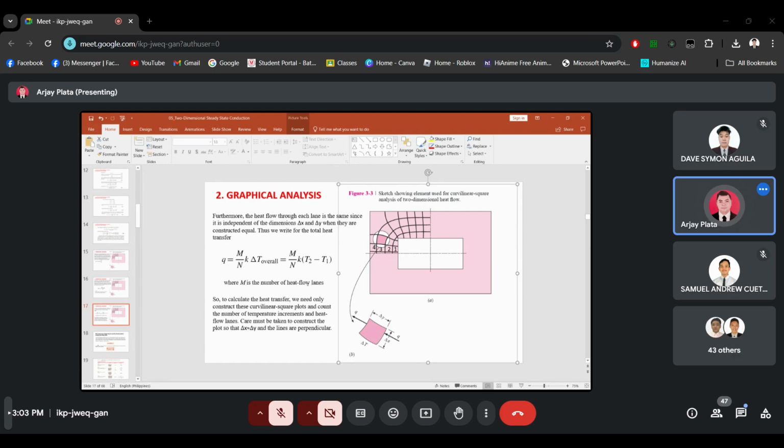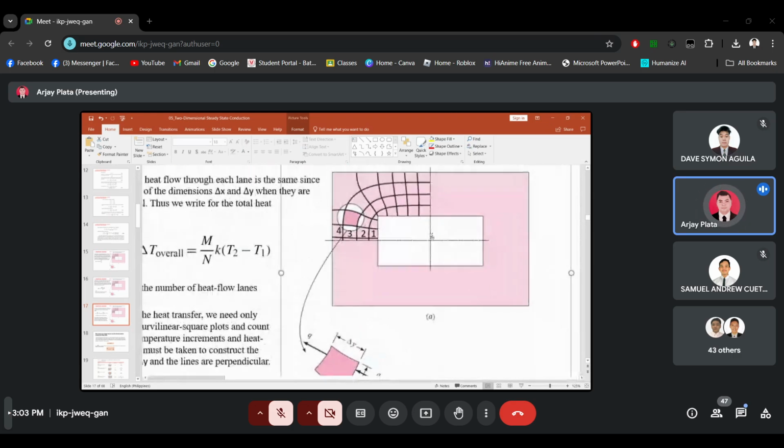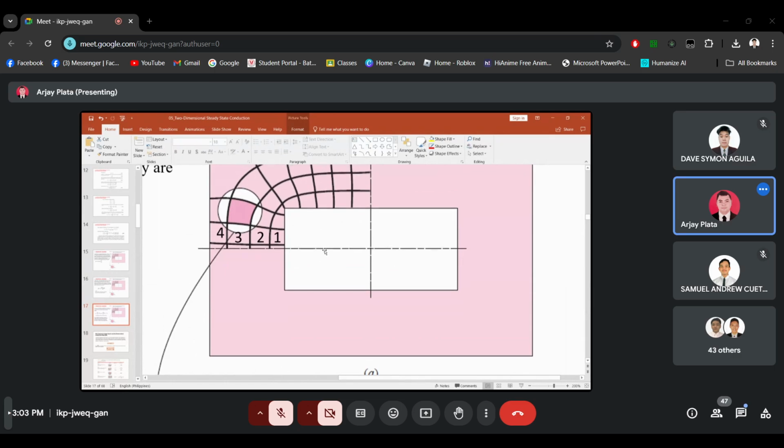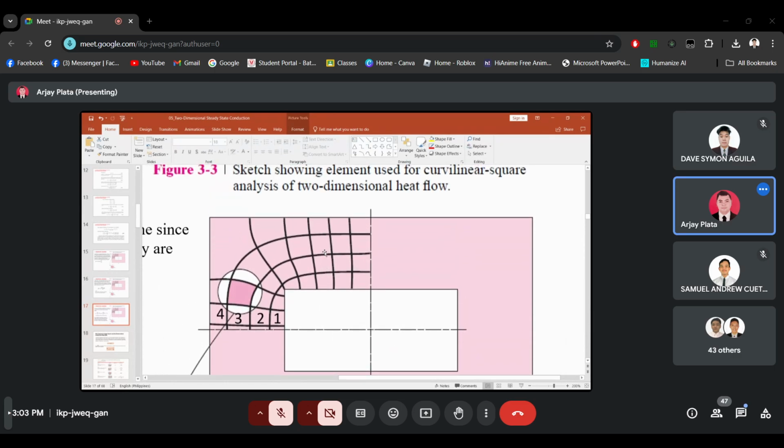So how many heat flow lines do we have? 1, 2, 3, 4, 5, 6, 7, 8.5.